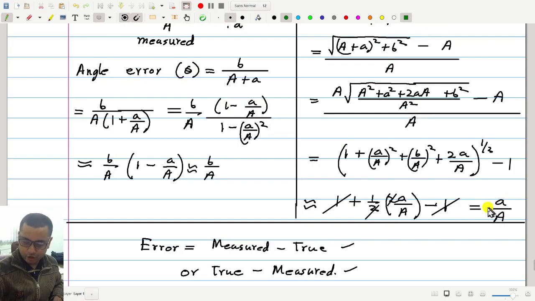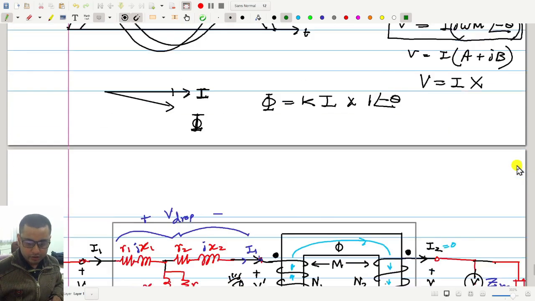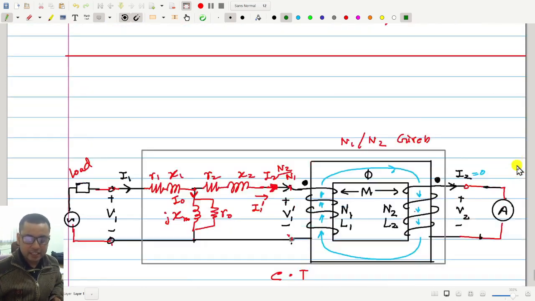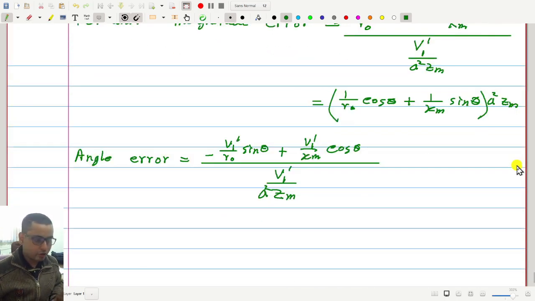A is the parallel component. Just this much you remember, and if you can draw the phasor diagram, then immediately you will get these expressions for phase angle and ratio error, for potential transformer and current transformer. You don't have to remember.